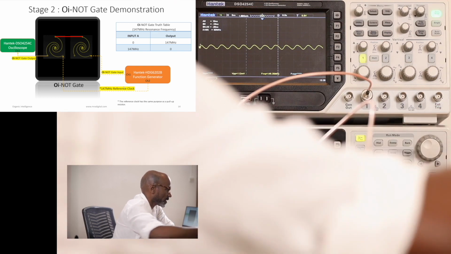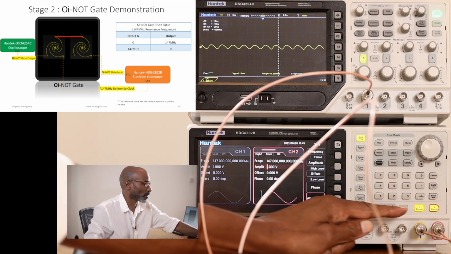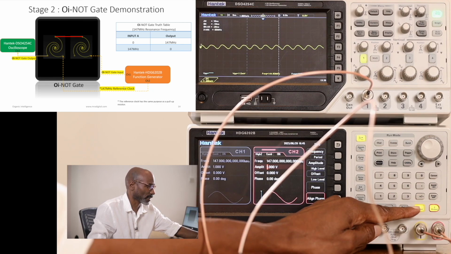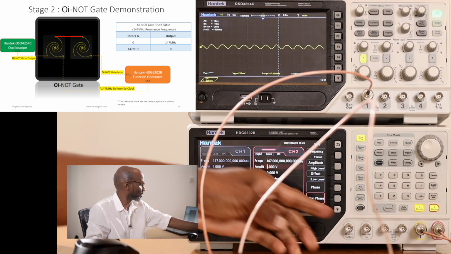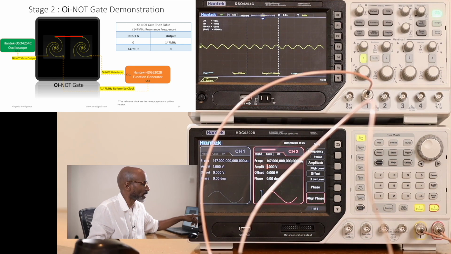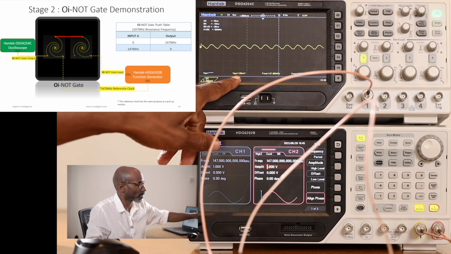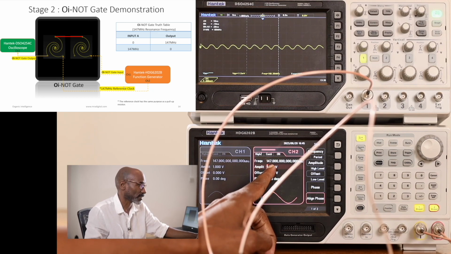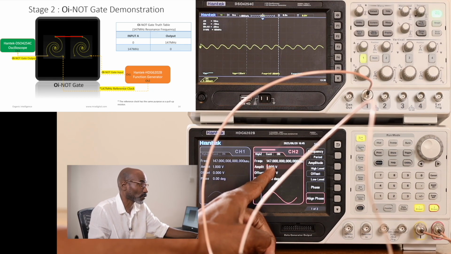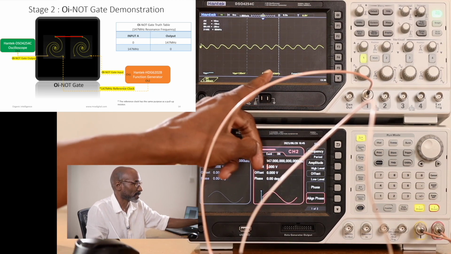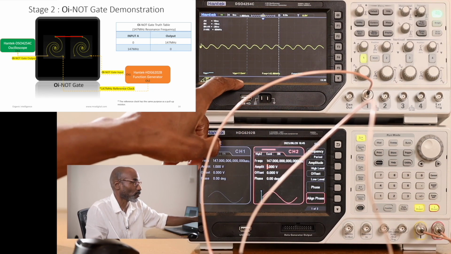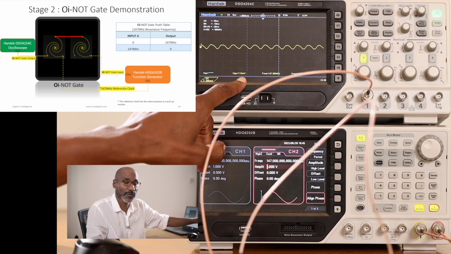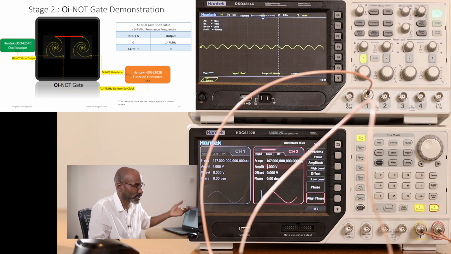As you can see, the input is on. If the input is on, you should get a low on the output, and of course we get 120 millivolts on the output. Remember, I just changed the input amplitude to 1 volt. So now we're getting 112 millivolts peak to peak on the output, which is a 0.